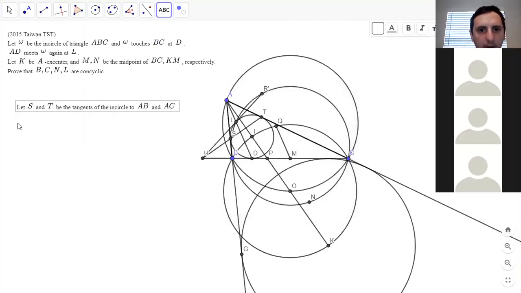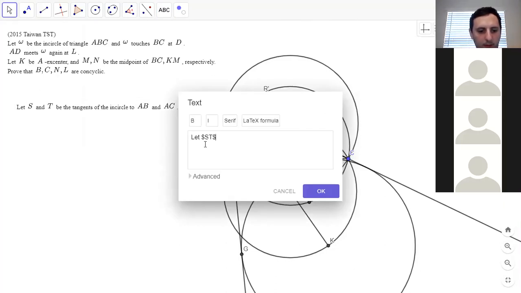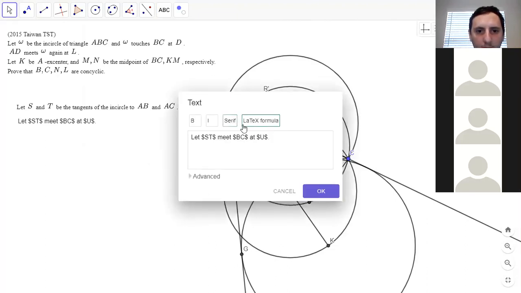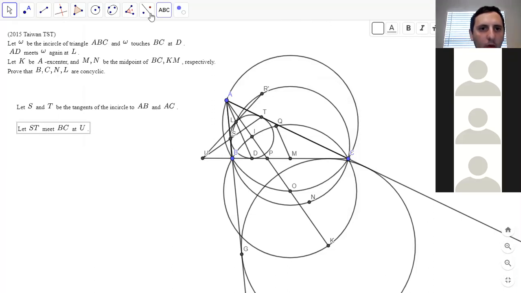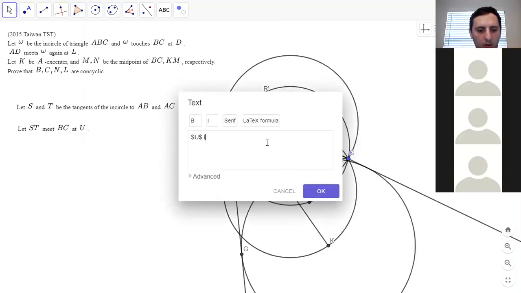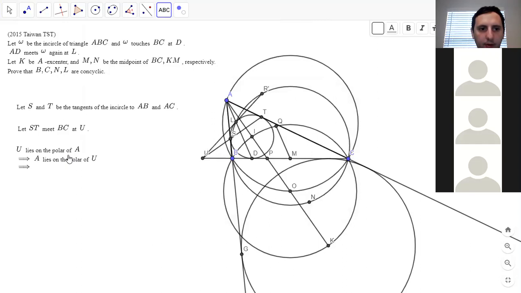And let ST meet BC at U. Then since A lies on the polar of U, that means that UL is tangent to the incircle.